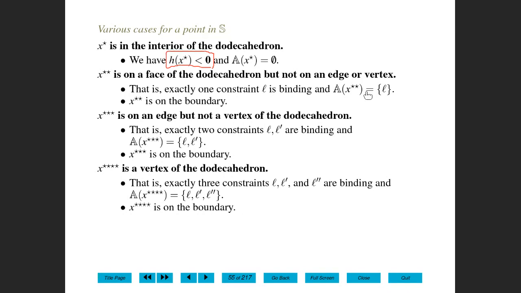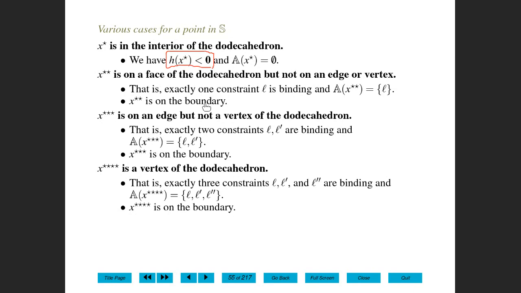But if the active set is non-null, then all these options are considered not interior to the surface, but on the boundary. But if only one constraint is active, it is on the face, the outer face, but not on the edge or the vertex.